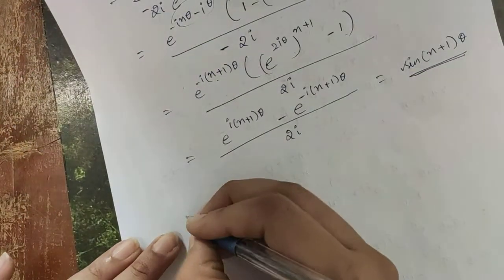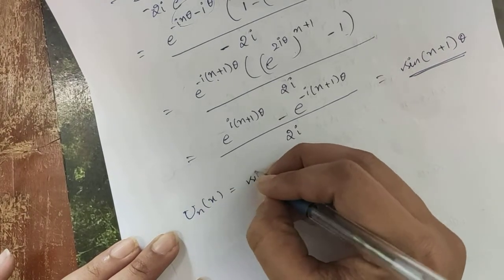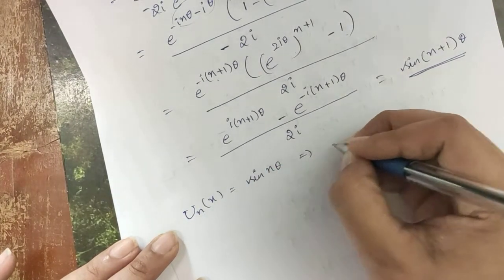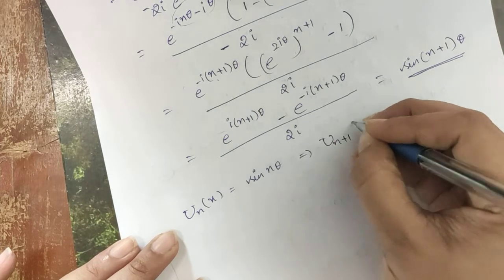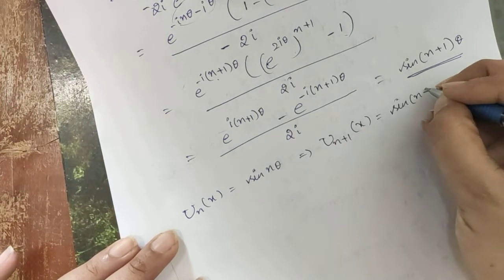That means U n of x is nothing but sine theta. This implies U n plus 1 of x is nothing but sine of (n plus 1) theta.